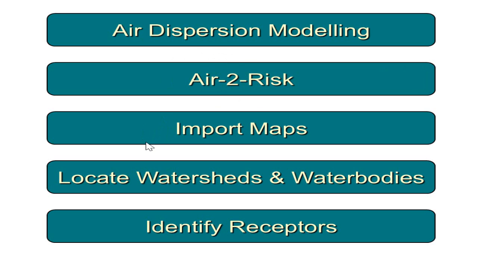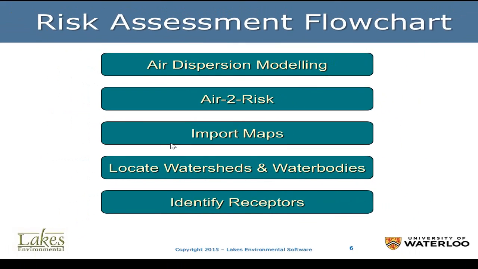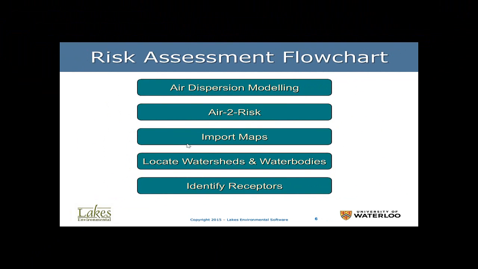For example, wind will blow in all the 360-degree directions. Pollutants will be transported spatially, therefore we need to know what it is hitting, where the receptors are. For that, we need to import maps. We need to know where is the water body, the watershed, etc., using maps. Once we have the maps, we locate watersheds and water bodies, and we identify where sensitive receptors are located.